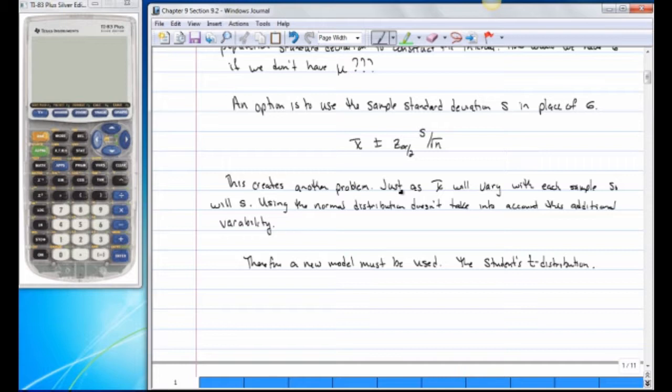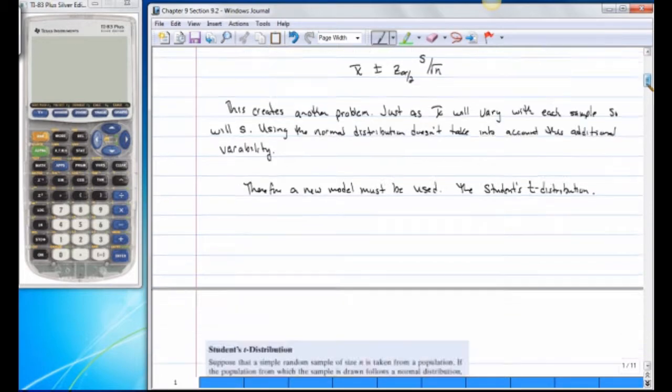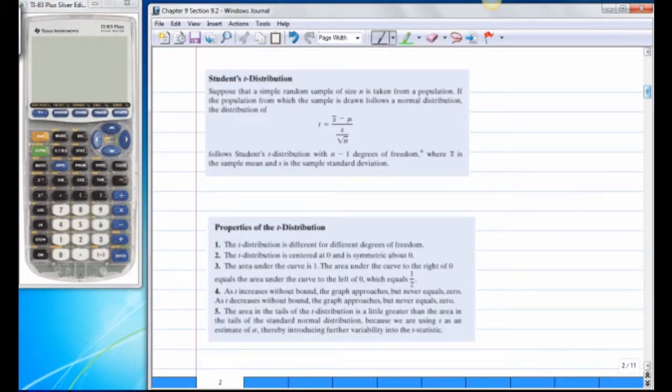So we've got a new model that we need to use when we're estimating the population mean, and it's called the student's t-distribution. The student's t-distribution supposes that a simple random sample of size n is taken from a population. If the population from which the sample is drawn follows a normal distribution, then t equals x bar minus mu over s over the square root of n.